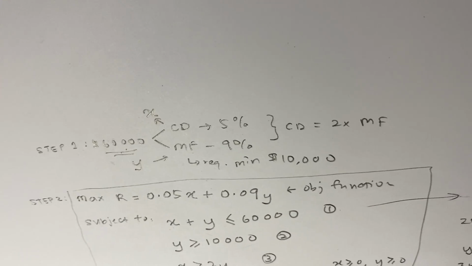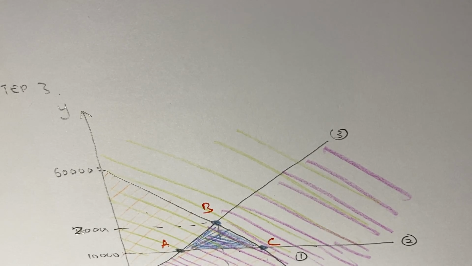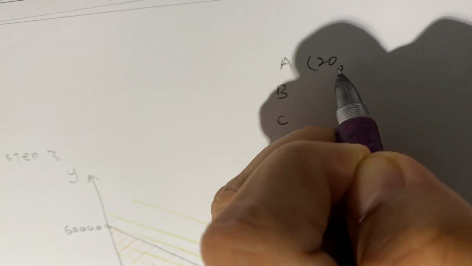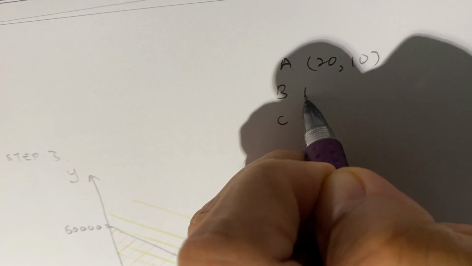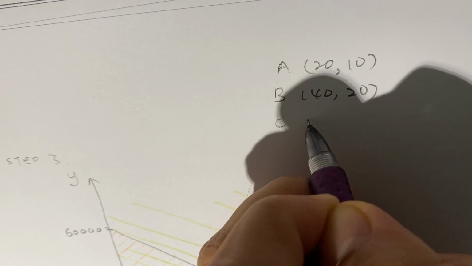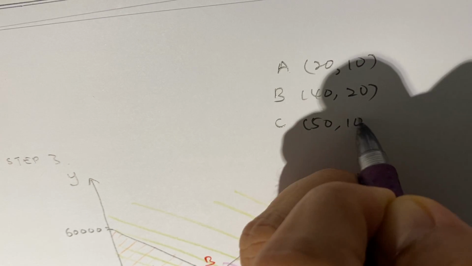Let's do this here. So A, B, and C. I'm just going to remove those 1,000 to make the calculation less messy. So we have 20 and 10, 40 and 20, 50 and 10.